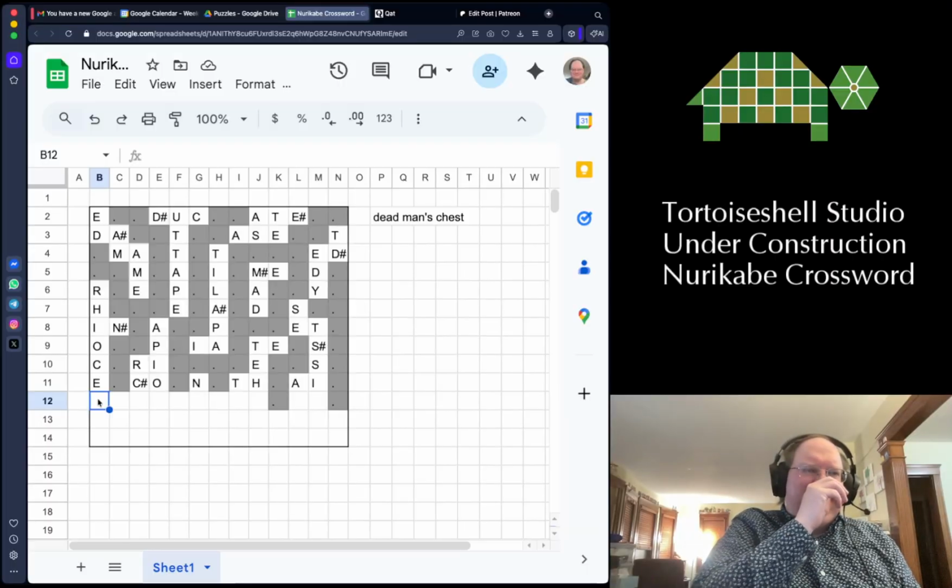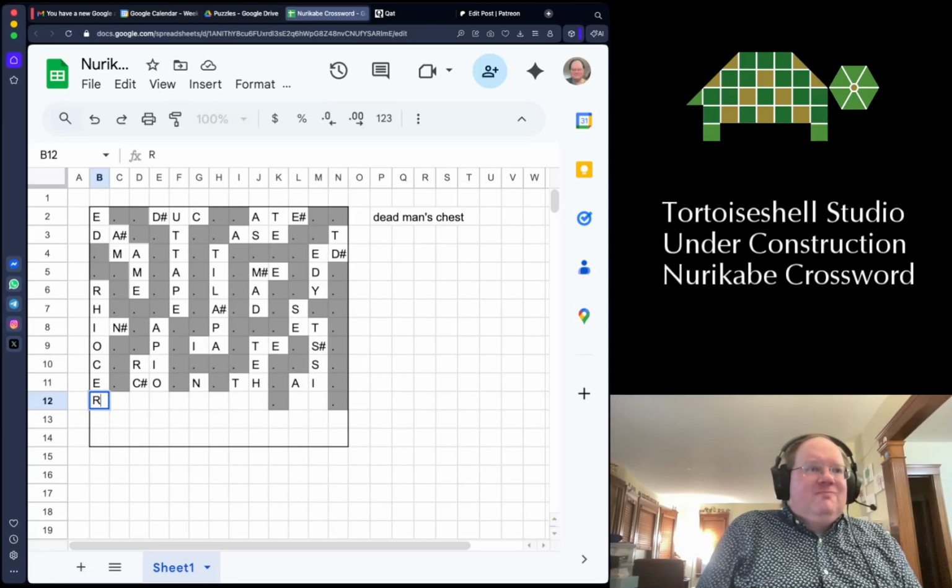Oh, there's a problem here: I can only have R here. I can't have RT, or I can't have RO, or else I would cut off this path.